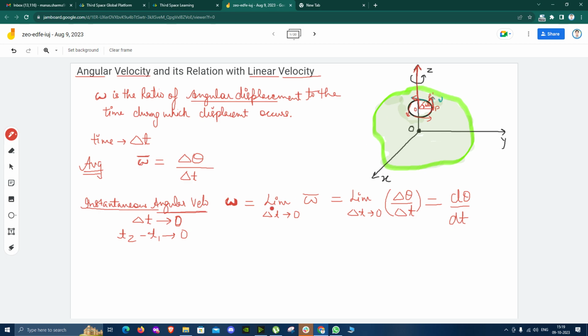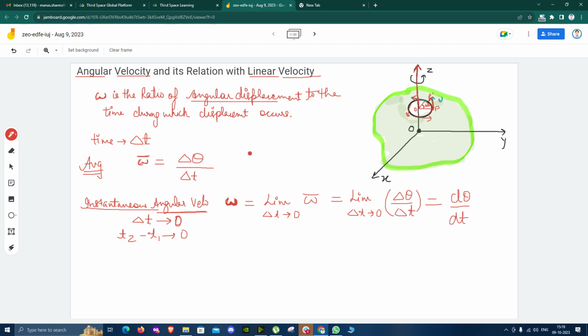So this is an axial vector, so it will be along the axis of rotation. If the particle is moving like this, and these are the direction of your right hand fingers, the thumb will be upward. So this thumbs up will be the direction of the vector.